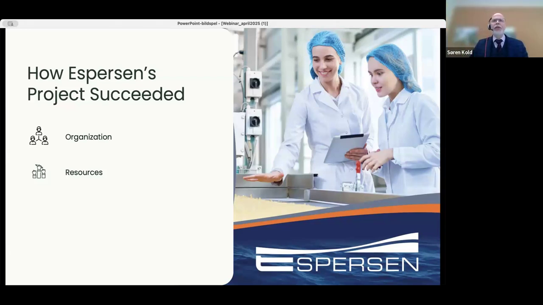I'm very careful not to remove key people from the daily work. They need to keep track of what is going on during these months that we are working. So we keep them in the daily work and free them up around 30, 40% of their time, where their colleagues are covering for their jobs in the meantime.